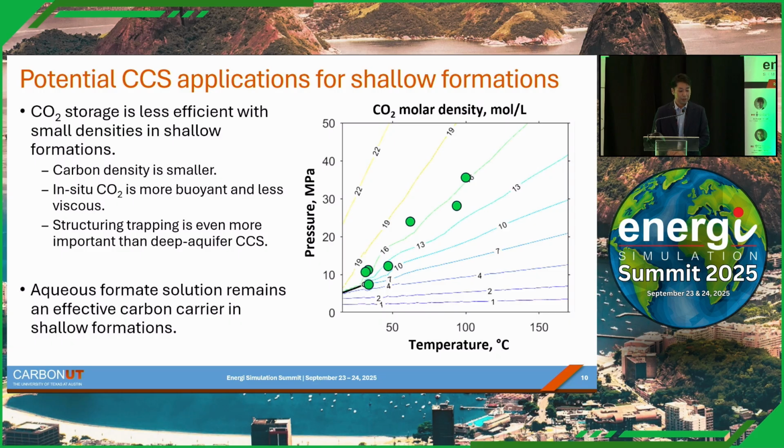But below this extension line of CO2 vapor pressure, CO2 behaves like a gas. So it is subject to strong buoyant forces, and also structural trapping is more challenging in shallow formations. So this is where formate species can give a potential opportunity for CCS, because carbon density is still high under this condition and higher than the CO2 carbon density.